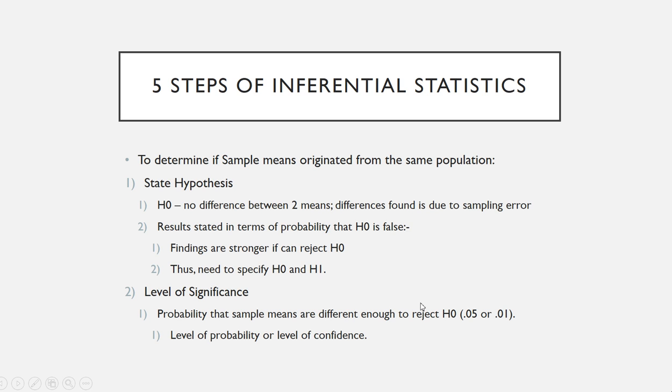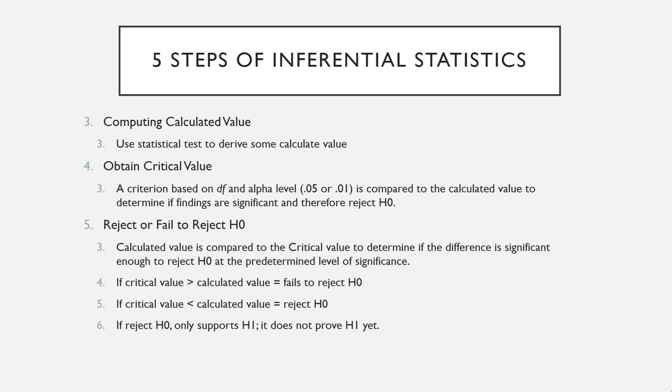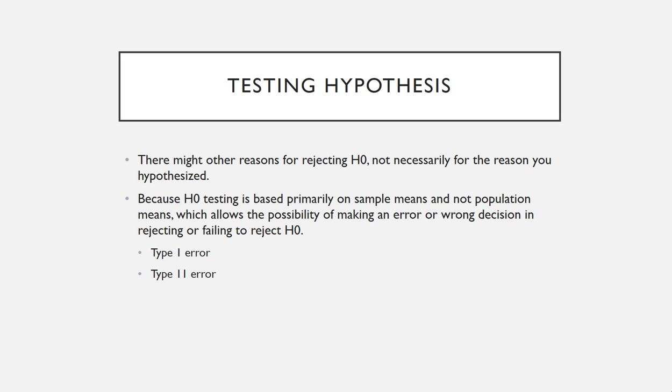If the sample means are not different, maybe there's no significant difference, then you don't have to reject H0. Then comes computing the calculated value. We'll look into the steps shortly.